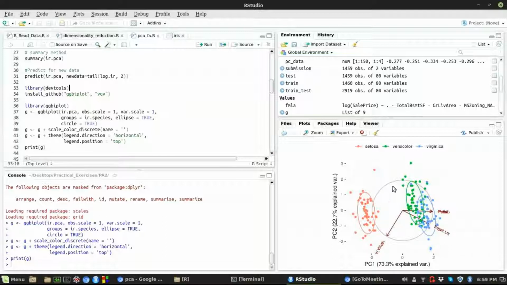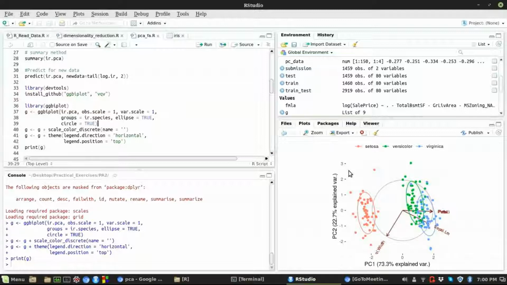We have also plotted the different species in different colors, so it groups them by species. So we can see whether, within PC1 and PC2 itself, you can nicely split off the species.